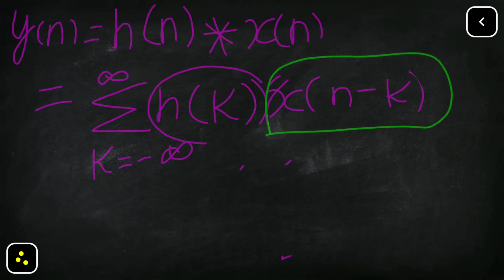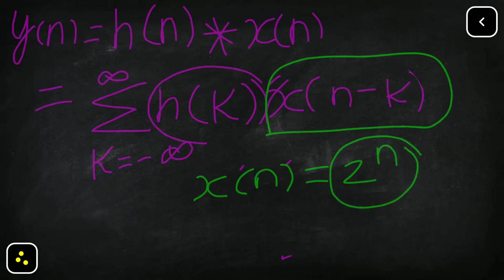Now you know that here x of n is equal to z to the power of n, right? We have already said in the beginning that we are giving x of n is equal to z to the power of n to the discrete time LTI system, right?